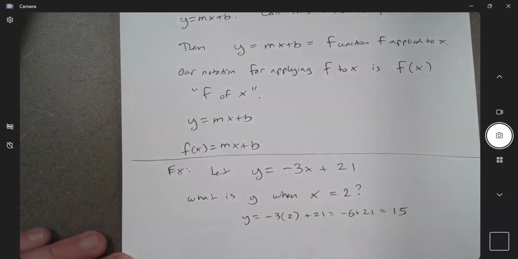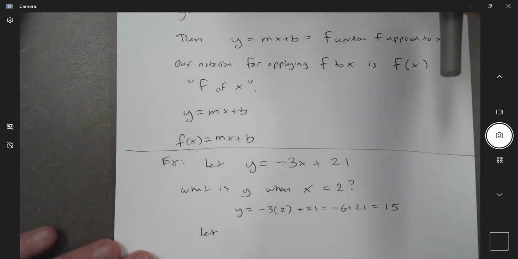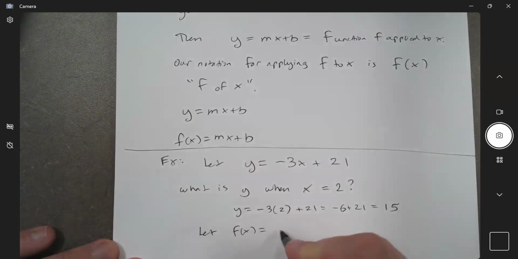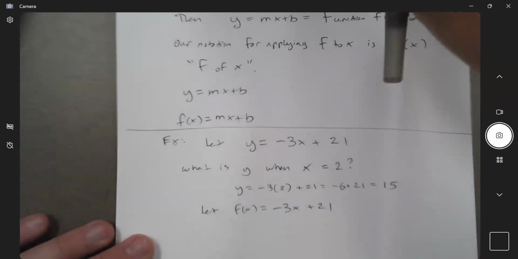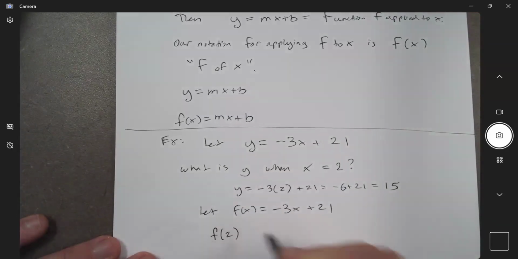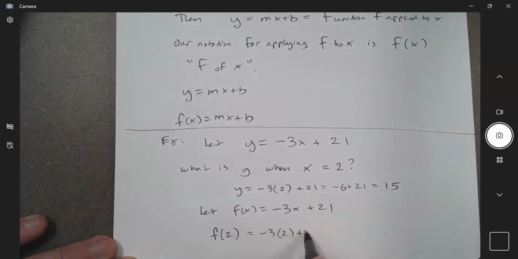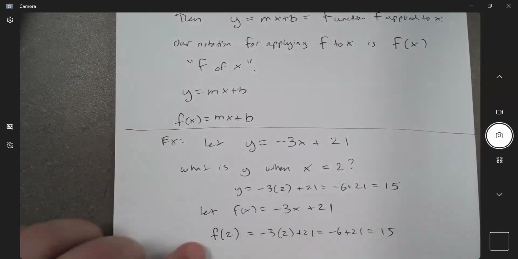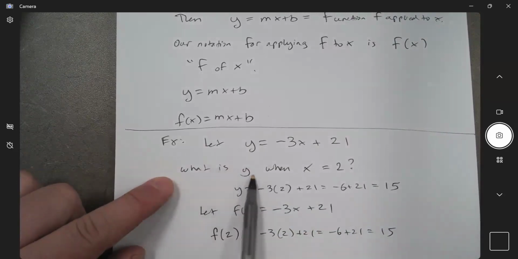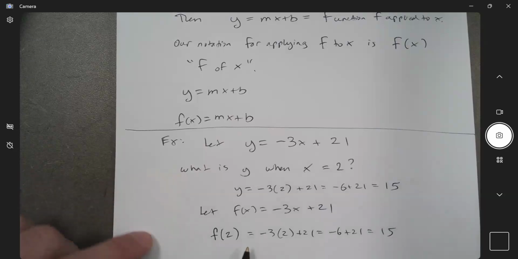I'm pretty happy with this. If we use our function notation, now we say that f of x equals negative 3x plus 21. Our question becomes a little more compact. It becomes f of 2. What's the function value when the x is 2? The process is the exact same, but our question becomes, instead of about 7 words, 1 word.